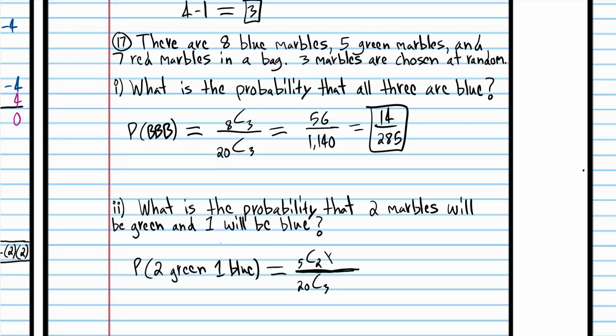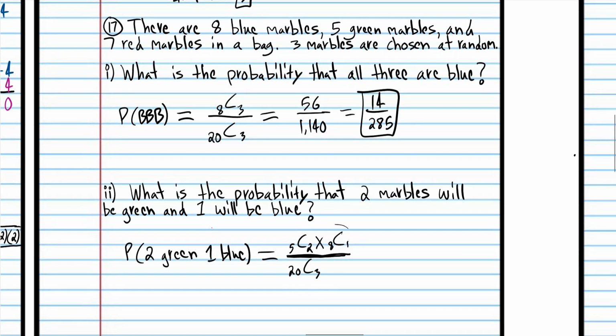And for each one of those scenarios, we have the number of ways that you can choose 1 blue marble out of 8. So we're using the product rule here. You see that? You have to make a choice here, and you have this many options, but then you have to make a second choice, and you have this many options. We already know the sample space is 1,140.